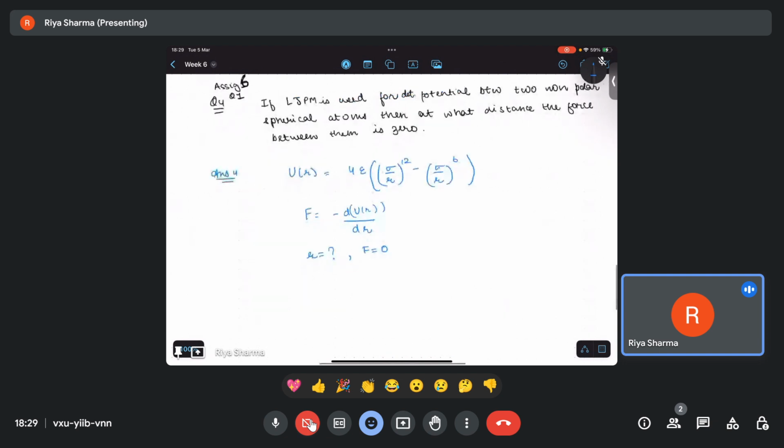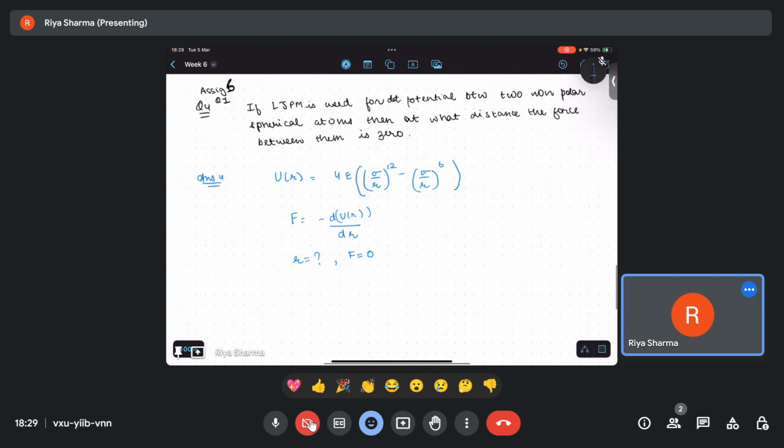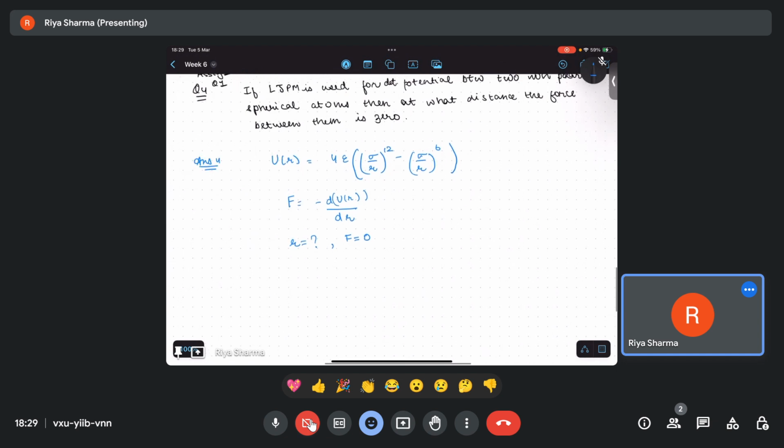So we need to put F equals minus dU by dr equals 0. If you do dU by dr, 4 epsilon was already there.